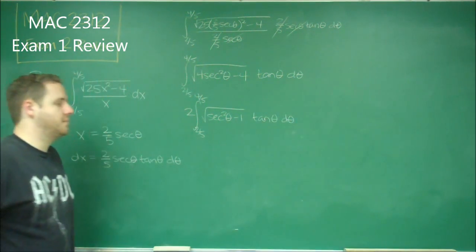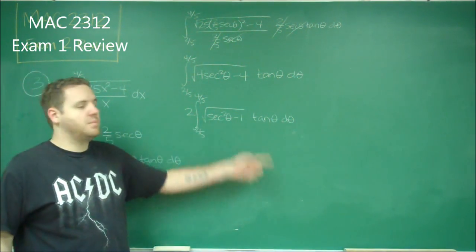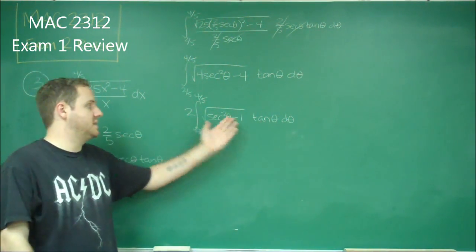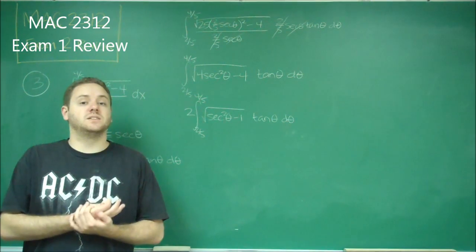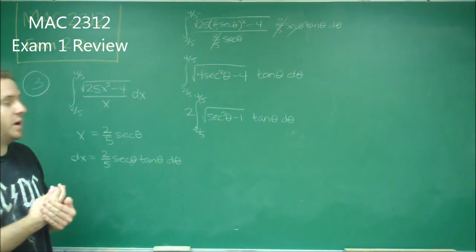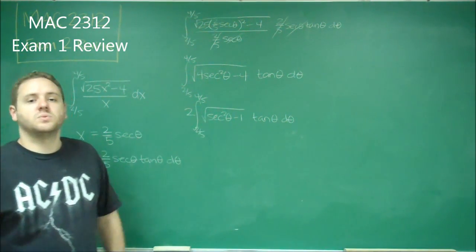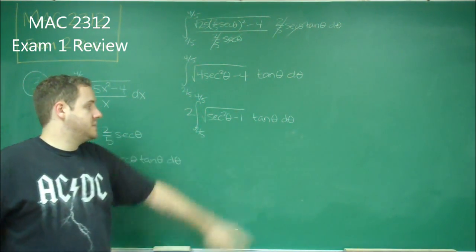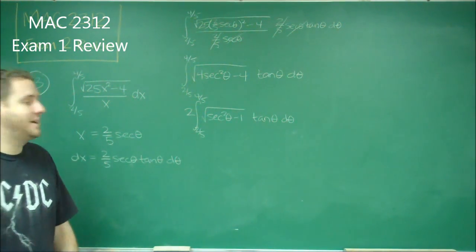tan theta d theta. Secant squared minus 1, that's the whole purpose we chose secant in the first place, because secant squared minus 1 is tangent squared. And when we do the square root of tangent squared, we get tangent. We're going to have tangent times tangent there, so we're going to get tan squared.